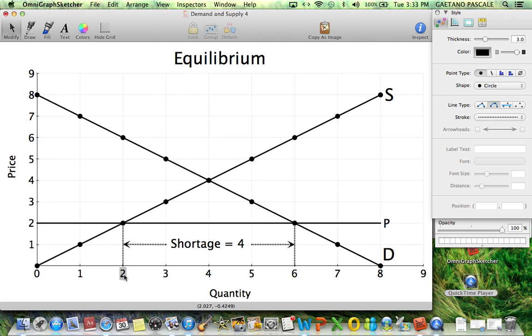If you think of yourself as a company that's selling this, at a price of 2, you sell out quickly. You sell your product much faster than you thought. And after you sell out, people are standing there, they want to buy more of that product at that price. So most entrepreneurs would realize that I sold this out much faster than I anticipated, and I had people standing around still inquiring about trying to buy this.